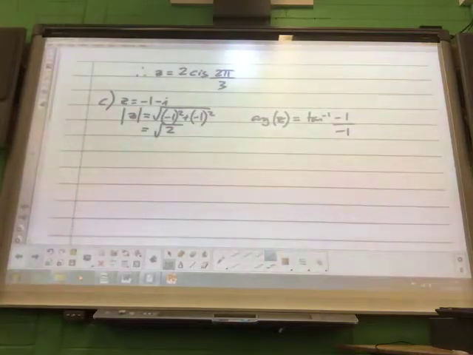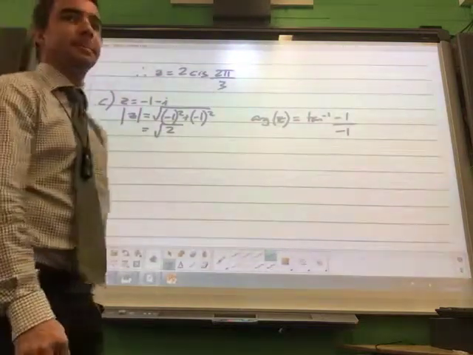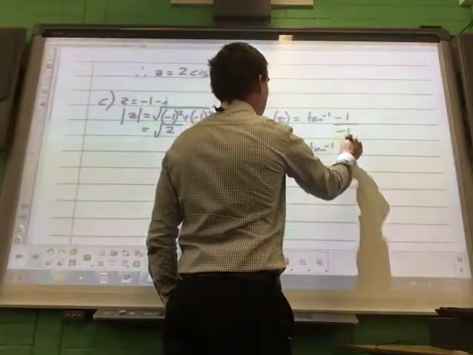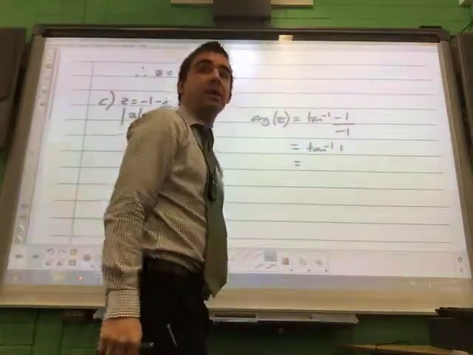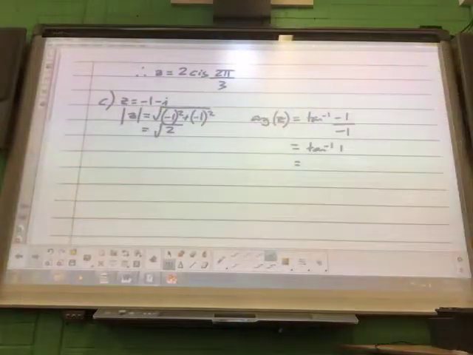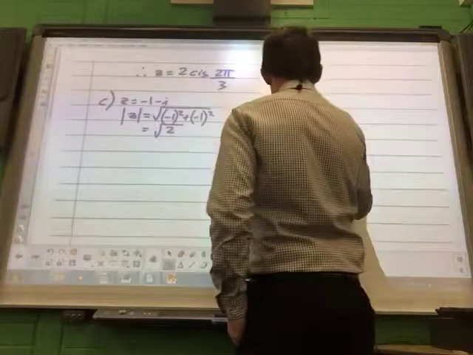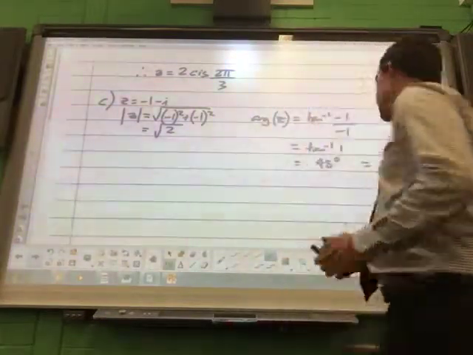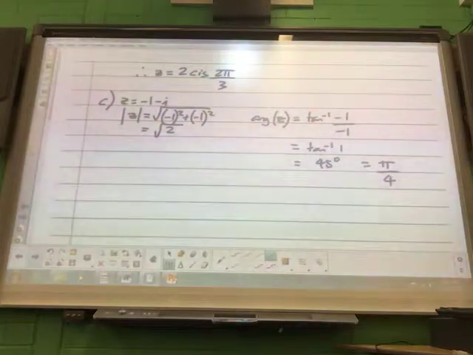I suggest you consider where the point is in your quadrant to work out the size of your angle. So it is tan inverse of 1. Tan of what angle makes 1? 45 degrees. And in radian measure, it is pi on 4.